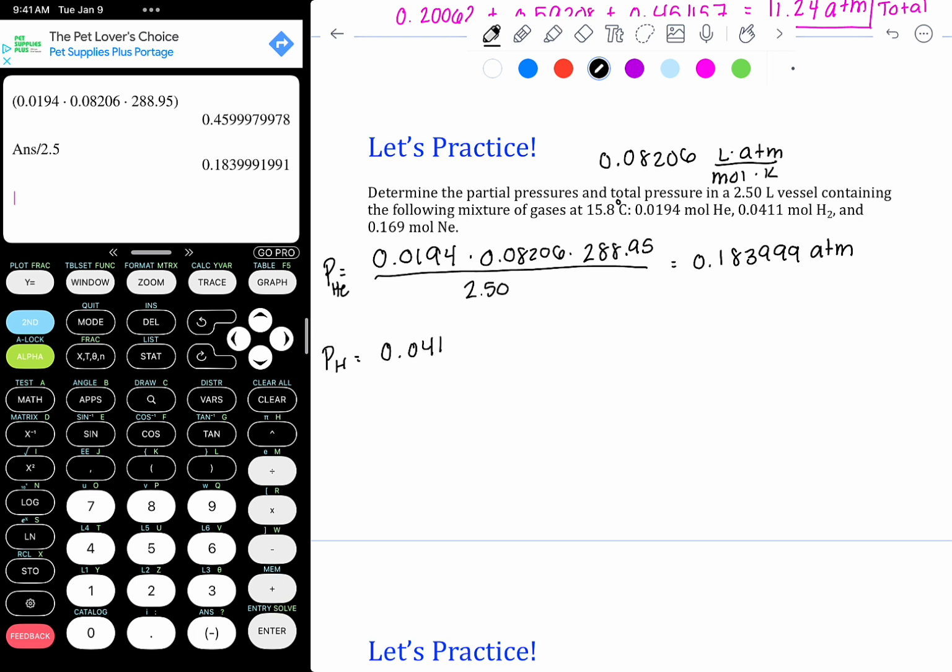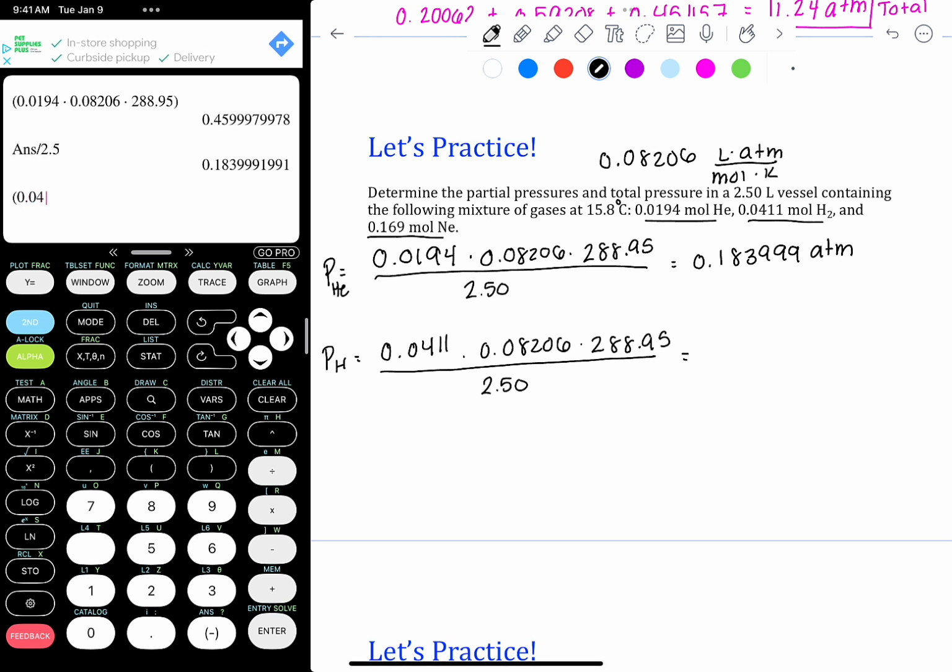Okay, next up is hydrogen. All we're changing is the mole value because that's the only thing that changes in all of our sample, but everything else is the same. Okay, so we get 0.0411 times 0.08206 times 288.95, all divided by 2.5 liters.